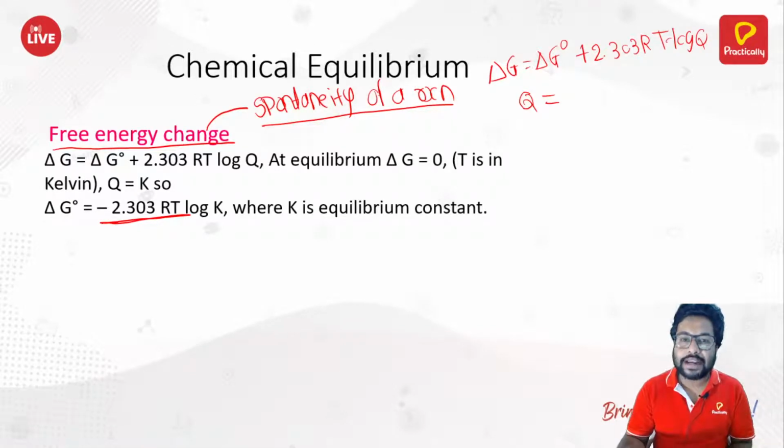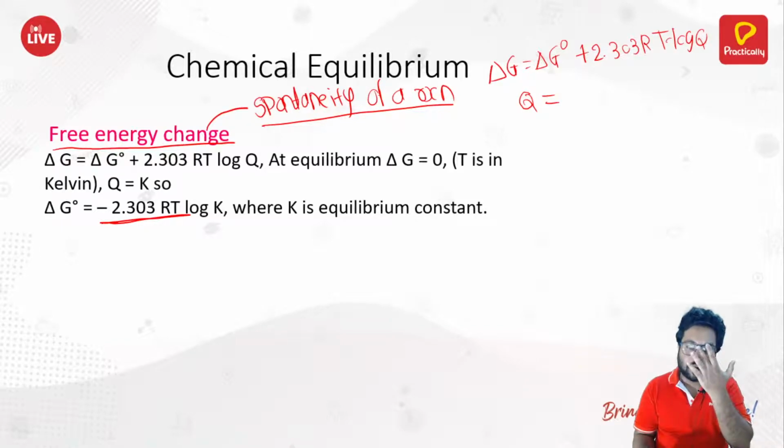Reaction quotient and Kc are just the same thing. The only difference is that Kc is the value when equilibrium is achieved, and when equilibrium is not achieved, that Kc is nothing but Q. So delta G is delta G0 plus 2.303 RT log of Q.